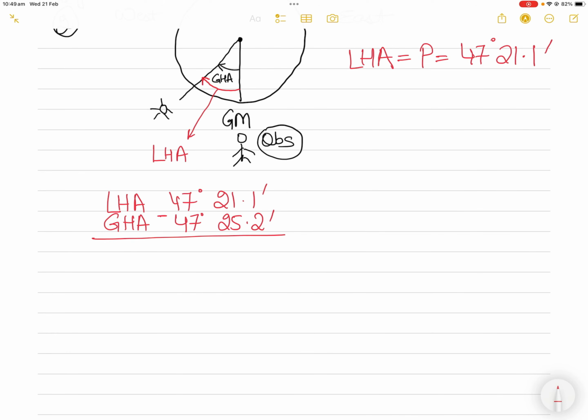Now once you subtract one from the other, always subtract the smaller number from the bigger number. So GHA minus LHA will give you longitude in this case. Here the longitude is 000 degrees 04.1 minutes.